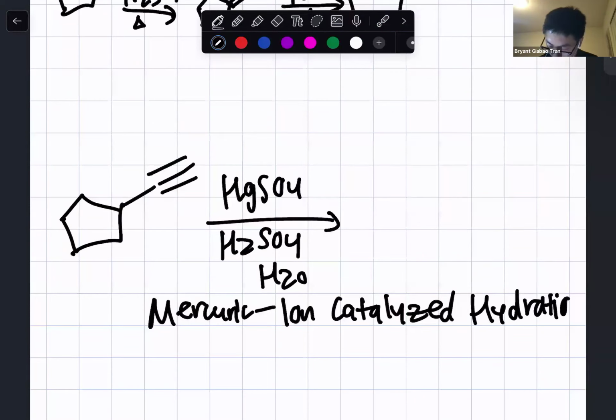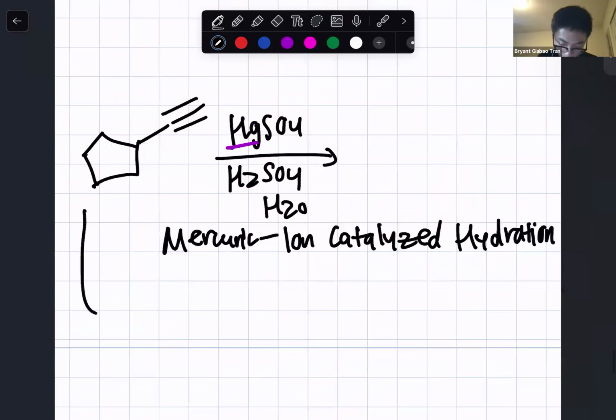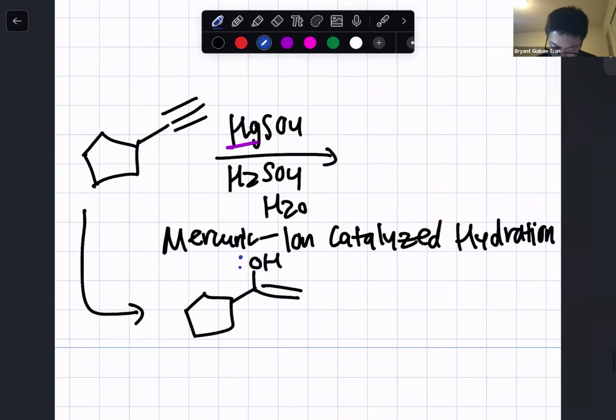So think of this as oxymercuration-demercuration, because we have the mercury here. Back in the alkene chapter, we added alcohol to the more substituted side, right? So let's add an alcohol to the more substituted side right there. When that happens, we have this structure here. What does this look like?